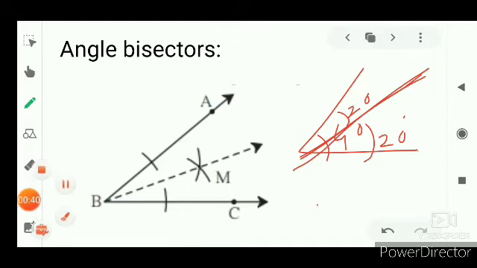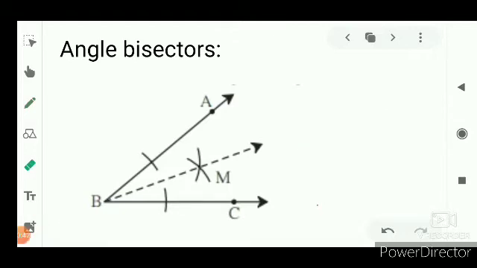Suppose this angle ABC is given to you, and someone tells you to draw the angle bisector of it. First of all we will take a very small distance in our compass and make two arcs on the two arms of this angle, one arc on this arm and one arc on this arm.